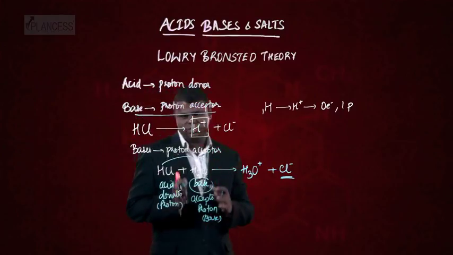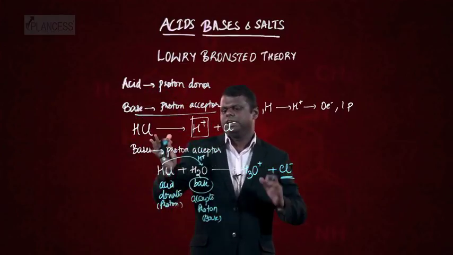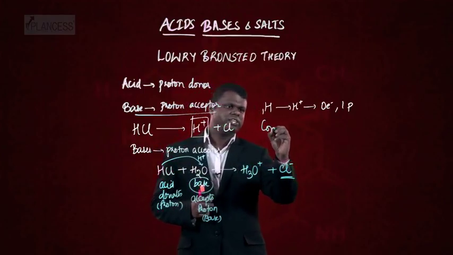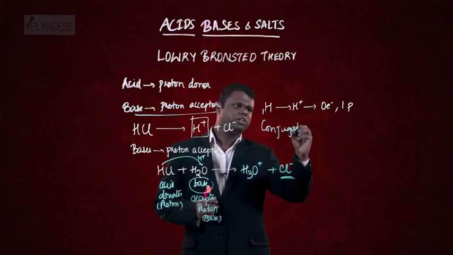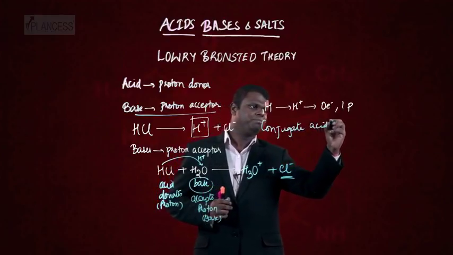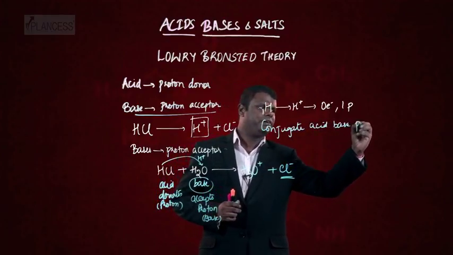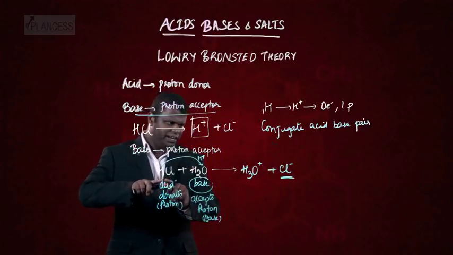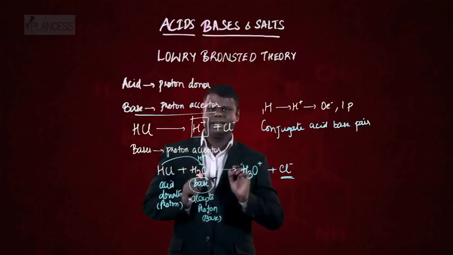The advantage of this theory was that it was able to explain a very important phenomenon known as the existence of conjugate acid-base pairs. If you look at this, you have HCl and Cl-.